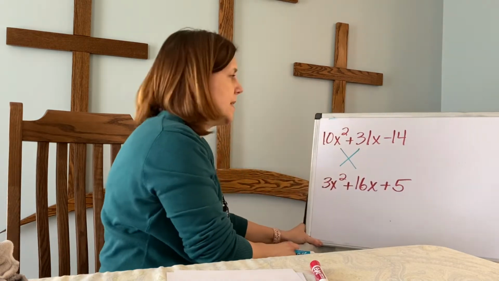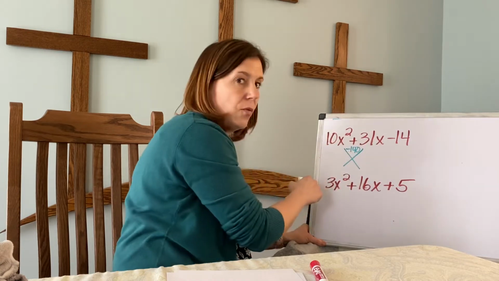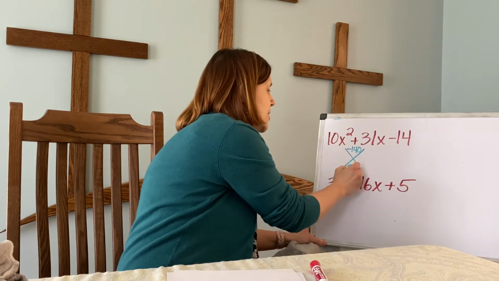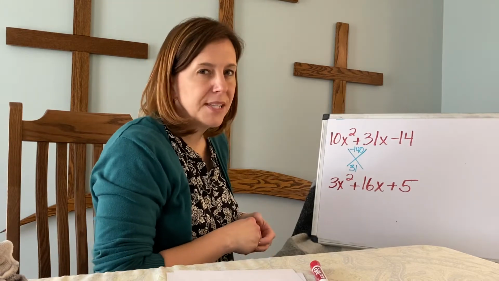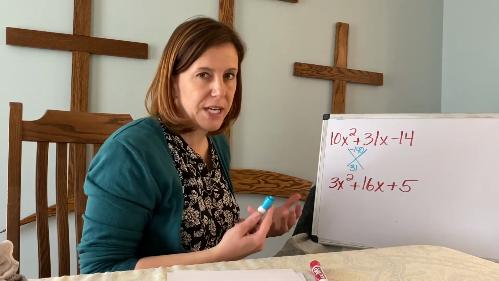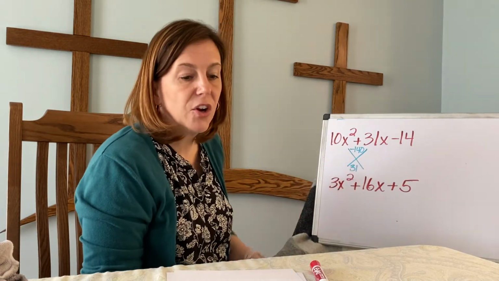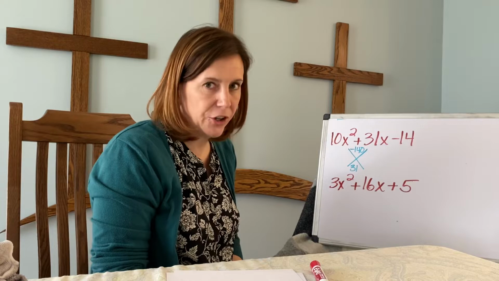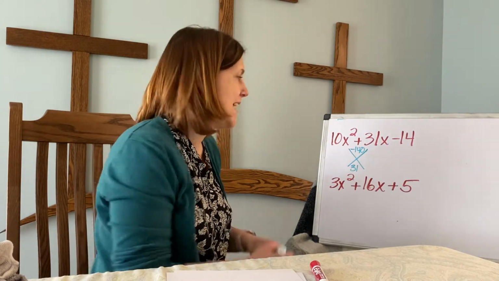Still need an x form here. A times c gives me -140, and 31 is in my basement. Now some of these are going to be a little bit tricky when it comes to finding my 2 factors that go together. I encourage you to use your calculator if you need help finding your factors.